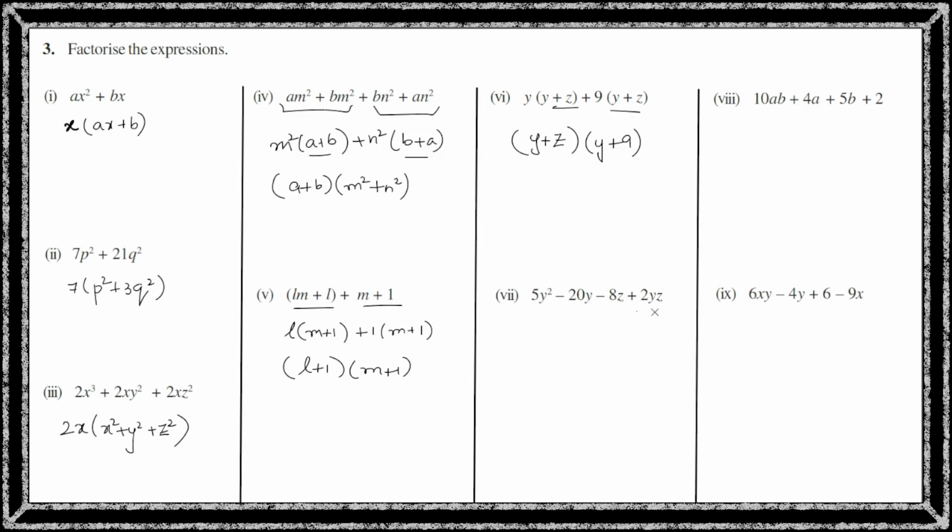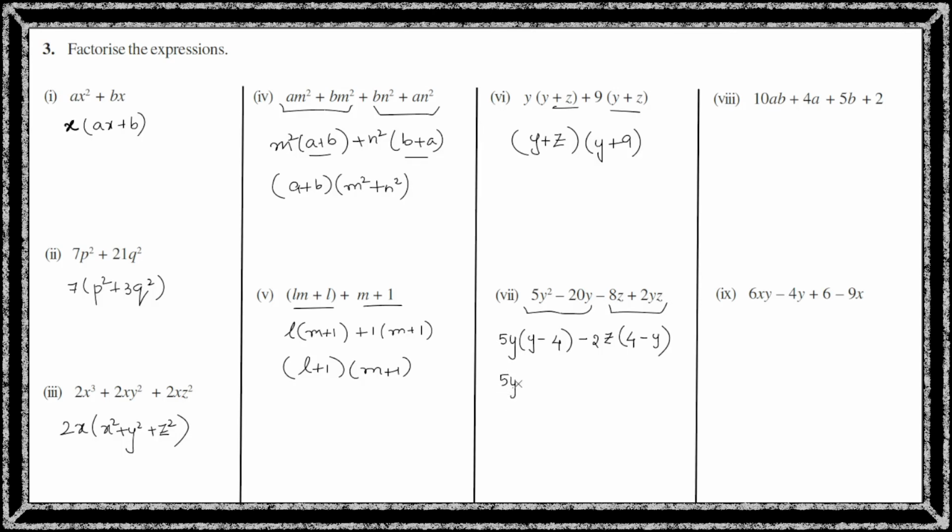Here I have 4 terms again, right? So you can try pairing them up. Let us see if pairing works. Okay. So here I have 5y common, y minus 4, and here if I take minus 2z, I have 4 minus y, right?